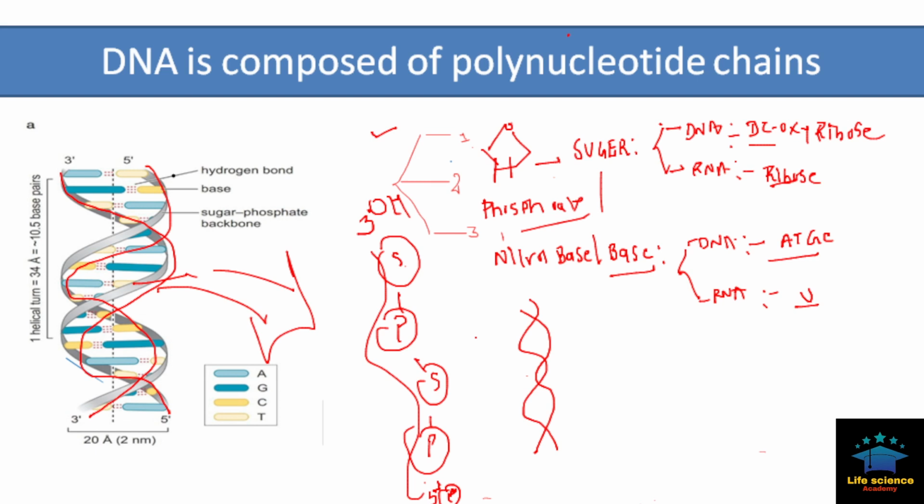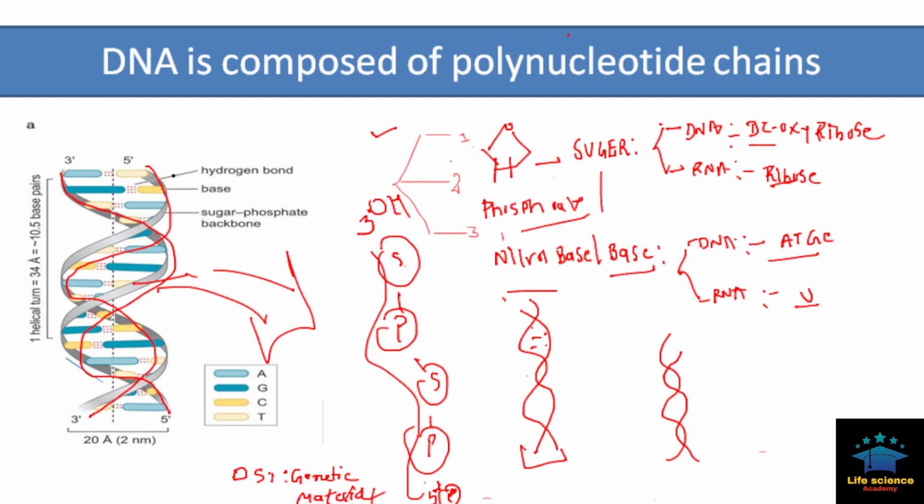In this manner, DNA is a polymer of polynucleotide chains, and these two polynucleotide chains are needed to form the DNA. DNA is a double-stranded form of genetic material. So DNA can act as a genetic material.